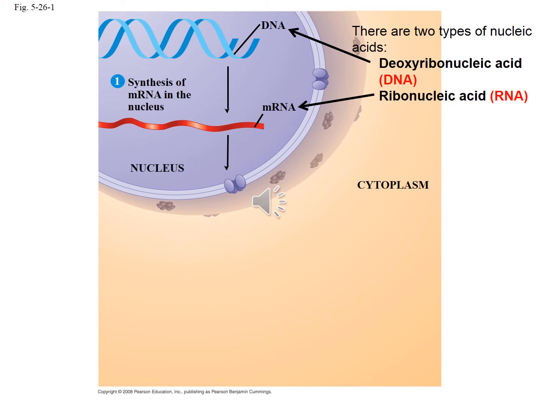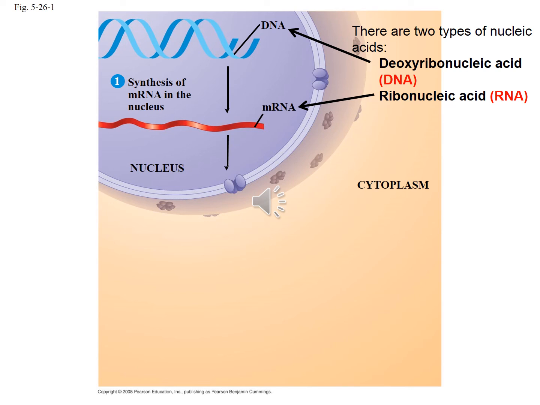Here is the nucleus in which your double strand of DNA is housed. Remember there are two types of nucleic acid, DNA and RNA. DNA is a double strand in your nuclei, and it does not leave unless under special circumstances.